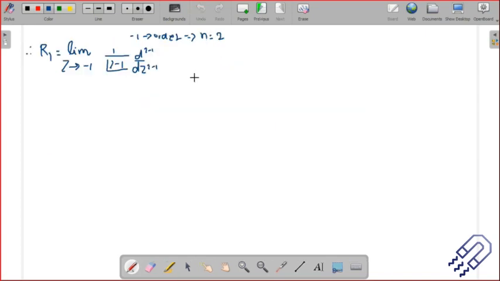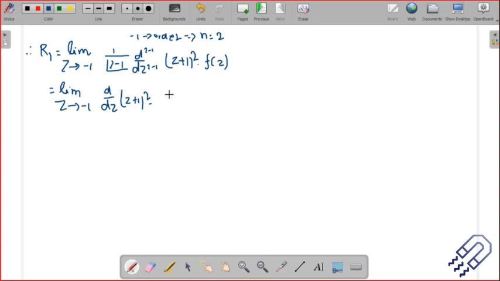Okay, now what I will do is take the function. If I look into the pole, it is (z plus 1) square into f(z). Right, that is how you write down the formula. So I can simply write it in this way: limit z tends to minus 1, and this is 1, right, and this is d/dz of (z plus 1) square into f(z), and I will write down the function.